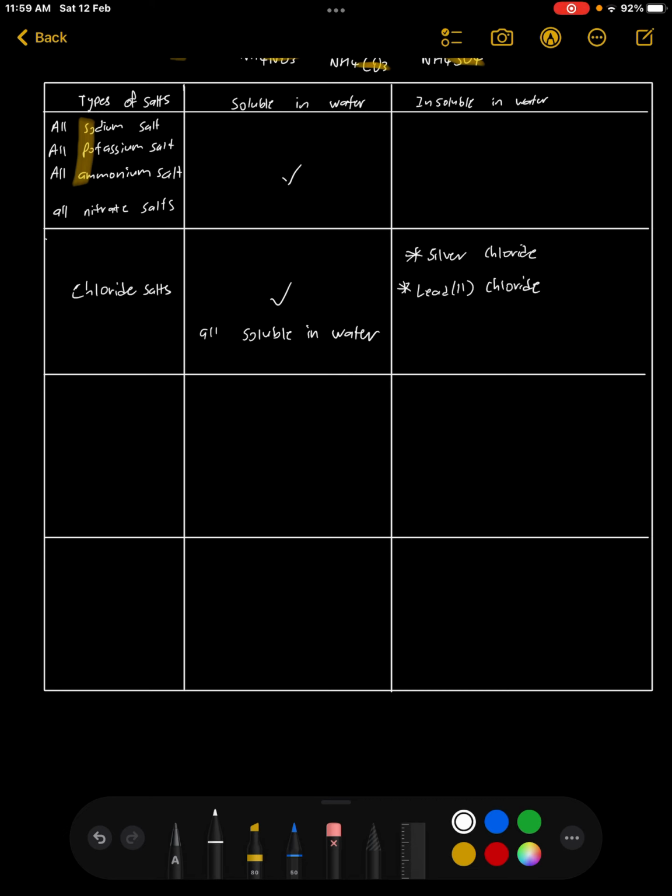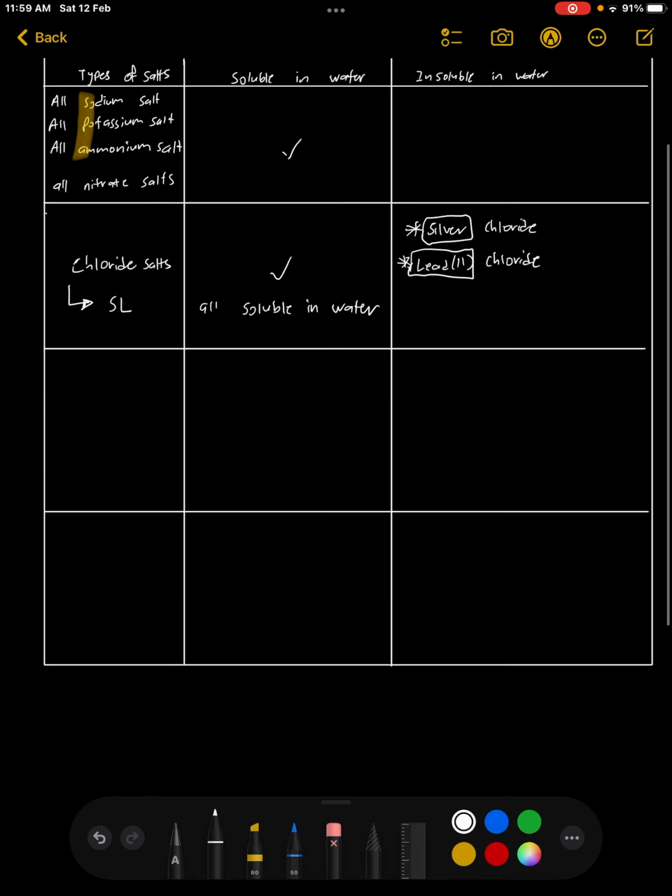So all chloride salts are soluble in water except your silver chloride and your lead(II) chloride. A memory aid we can use is, as long as you hear chloride salts, remember SL. SL represents silver and lead(II) chloride.